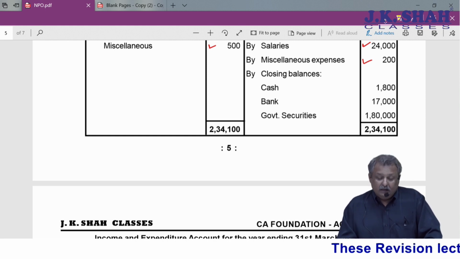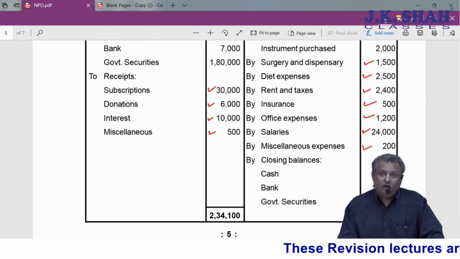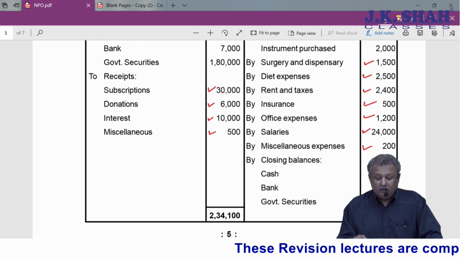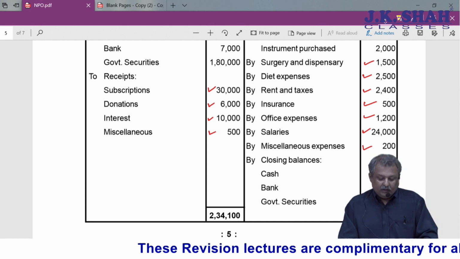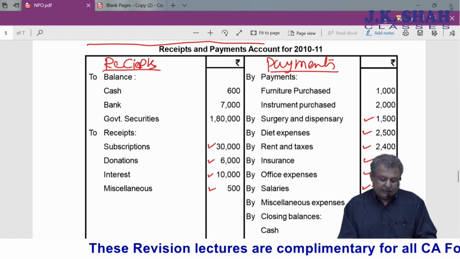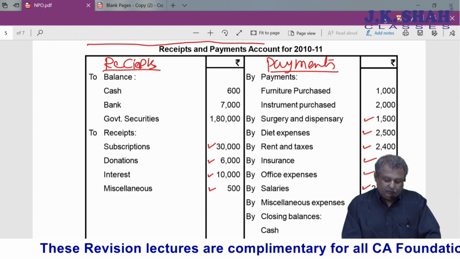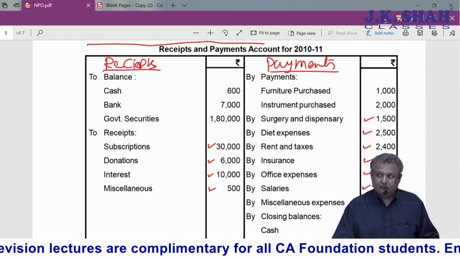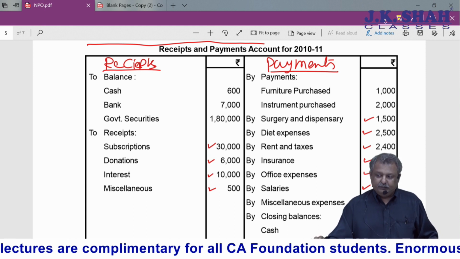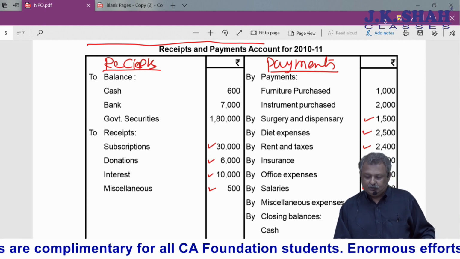Now, in the balance sheet, whatever are uncommon items will come. So, on the receipt side, the uncommon items are cash, bank and government securities.